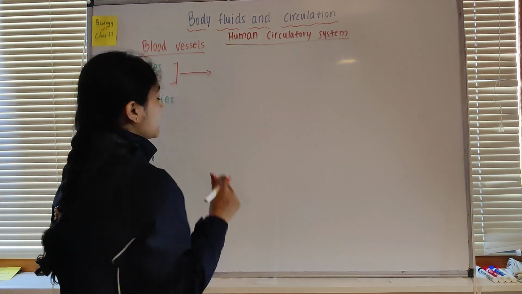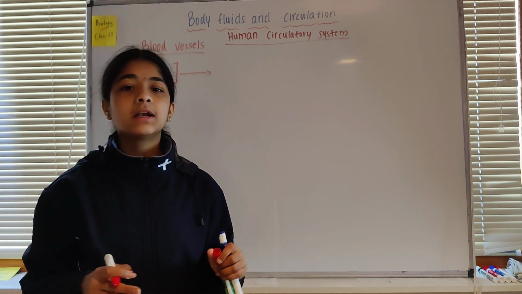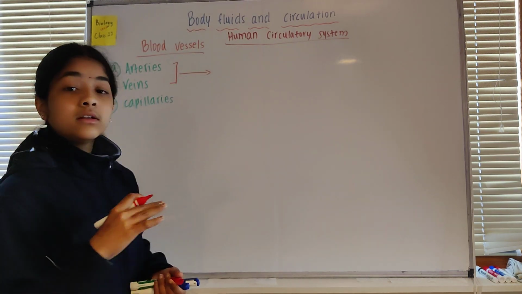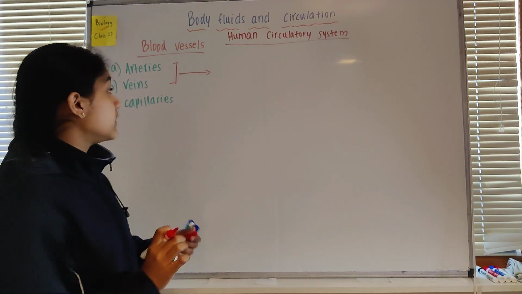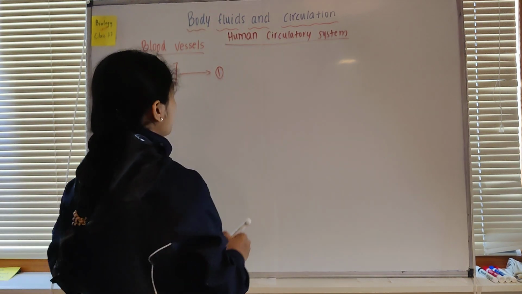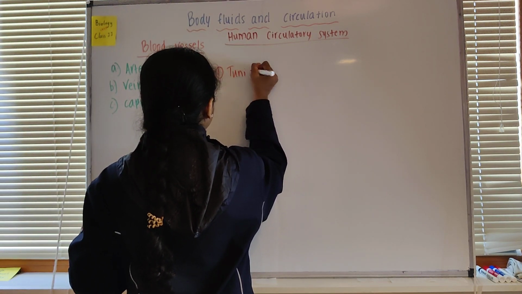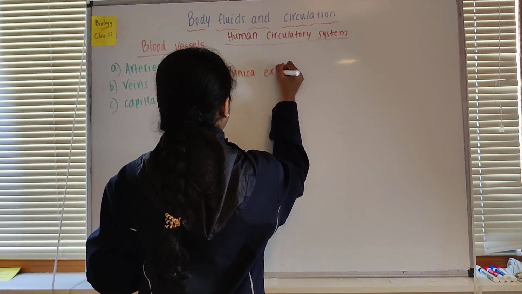They have very common histology, so the same parts are present in both arteries and veins, but the difference is in the thickness of the different layers. The outermost layer of this blood vessel is called the tunica externa.